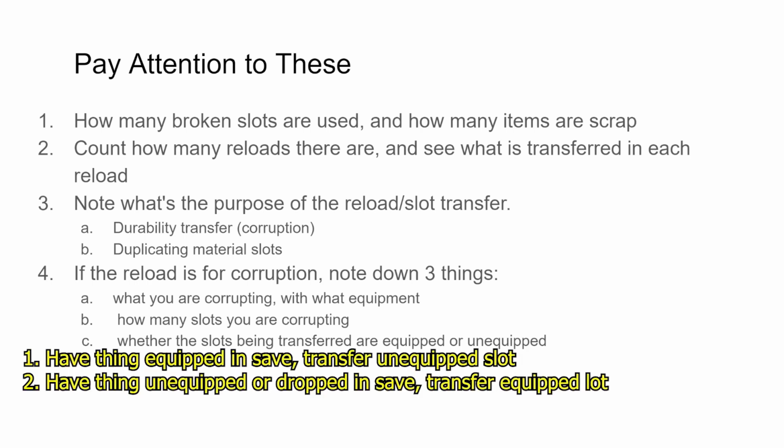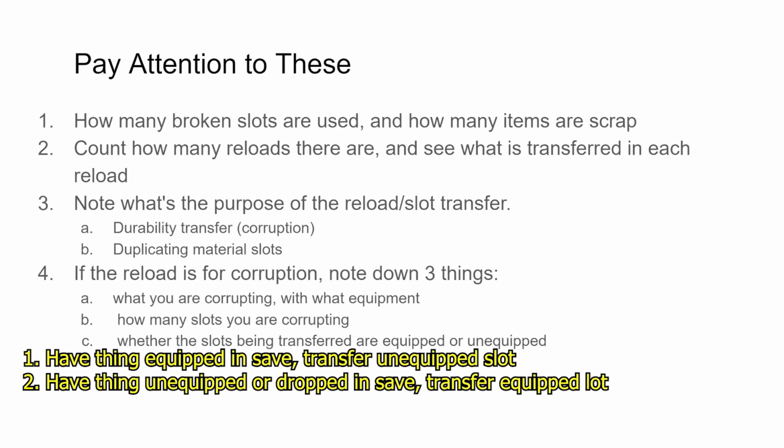First is you equip the thing, and then you save, so that in your save you have an equipped slot. Then you transfer an unequipped slot by unequipping the thing and then reload. Or the second way to do this is to unequip or drop the thing and then save. Then you will have an unequipped slot in your save.